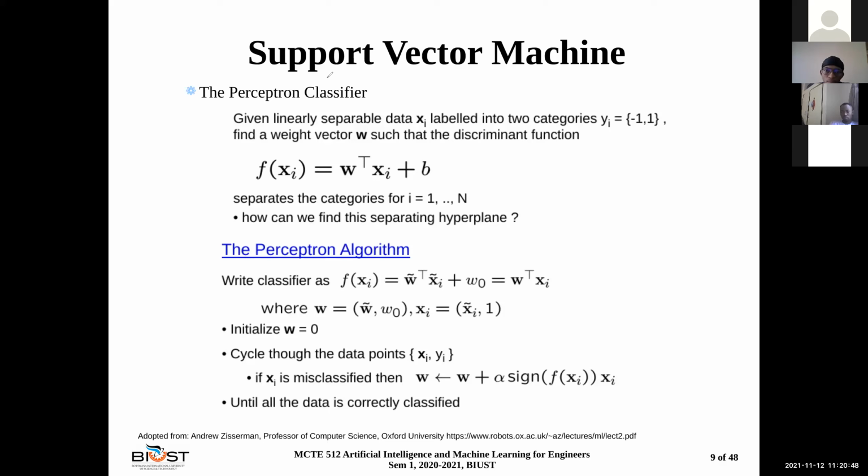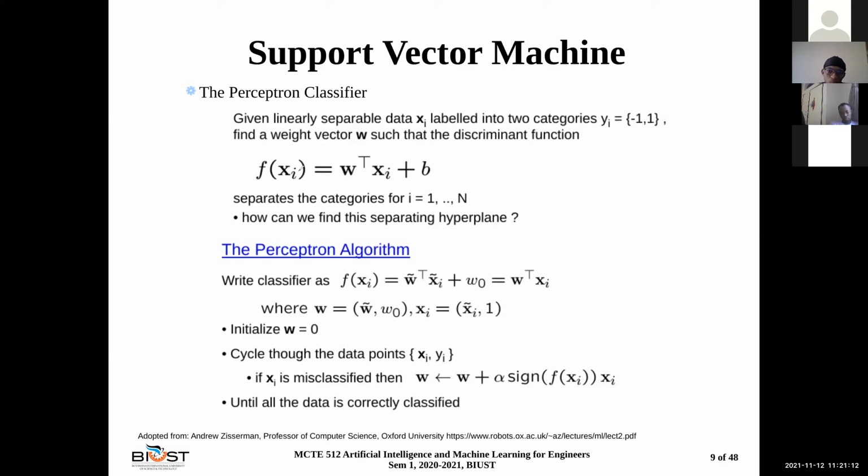So now let's start with the perceptron classifier. The perceptron classifier is the simplest version of the support vector machine. It only considers the linear problem or linear classification. In this case, we have the same equation, f of x.